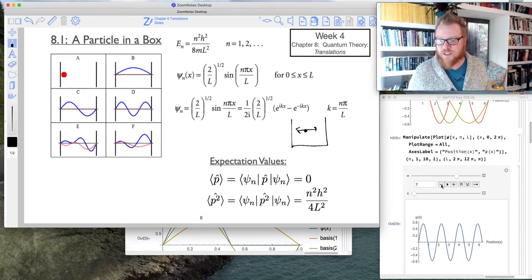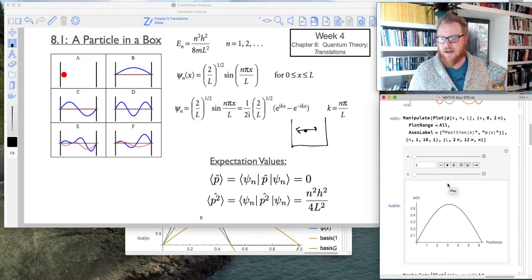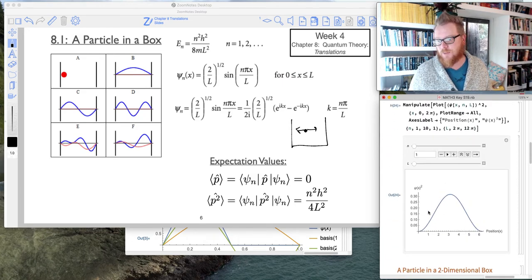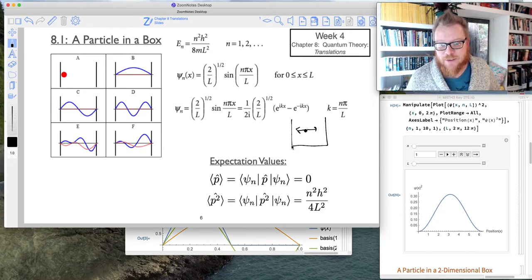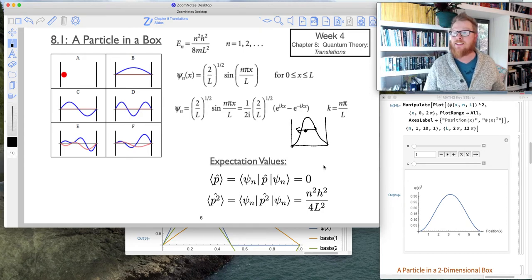And we established here when n is equal to 1, so here I'm showing you the wave function. But now if I just go past this and I look at the wave function squared, we know that it's all positive values. Look, that wave function squared is telling me the most likely place to find that particle is somewhere in the middle. So why is it that the expectation value of its momentum is 0?